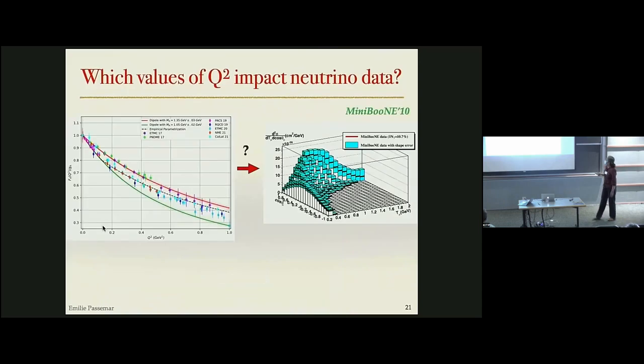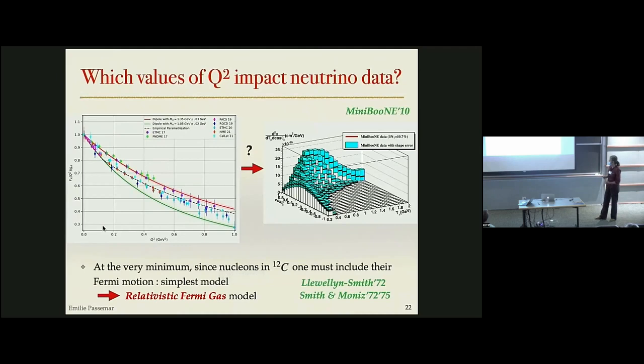Okay, so how do I connect this lattice calculation to the experimental measurement? Well, at the very minimum, we tried the very simplest model, which is just using a relativistic Fermi gas model to explore how a change in the axial form factor changes the prediction for the cross section.